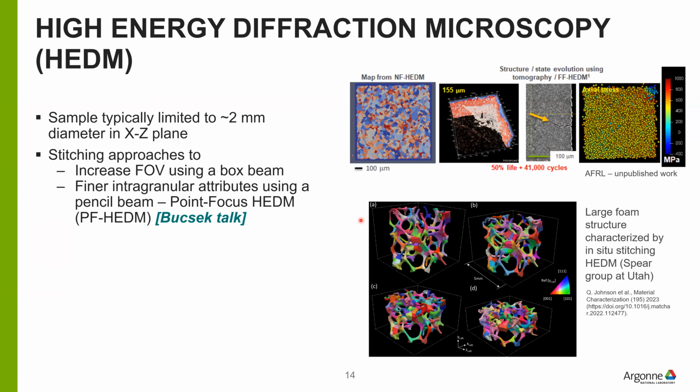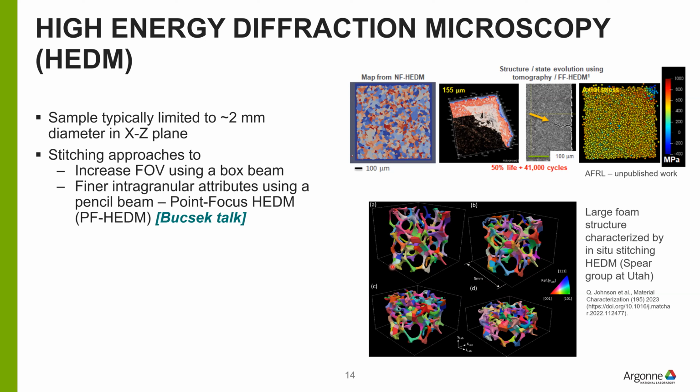Now, we can also do stitching with the HEDM technique to enlarge the field of view. In this case, we're looking at a foam structure that's 5 millimeters wide in 2 directions. Clearly this does not fit in one field of view, which is 2 millimeters wide.